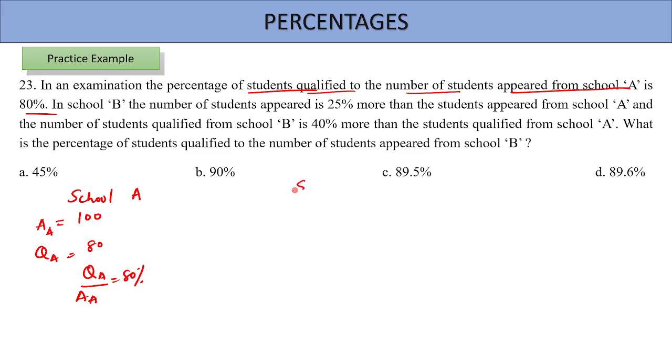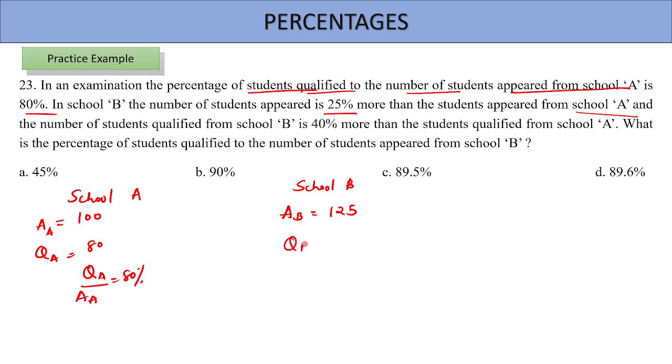And there is also a school B. The number of students appeared is 25% more than that of school A. So appeared from school B is 25% more. That means it is 100 plus 25, which is 125.